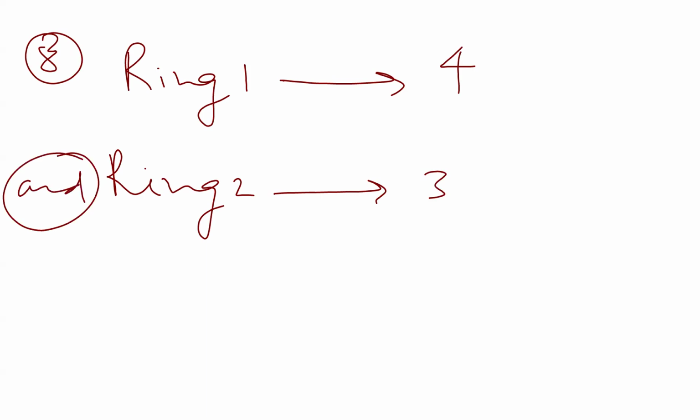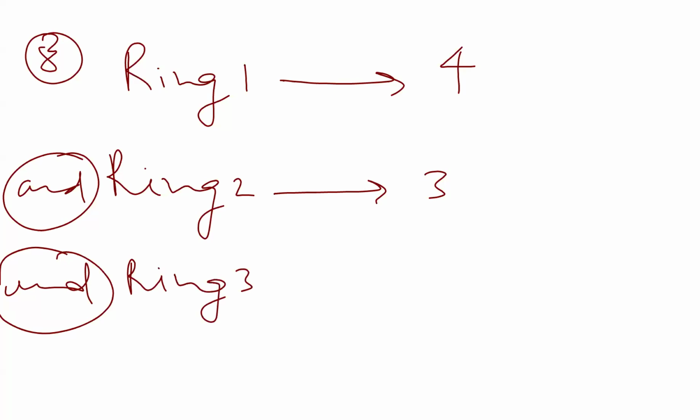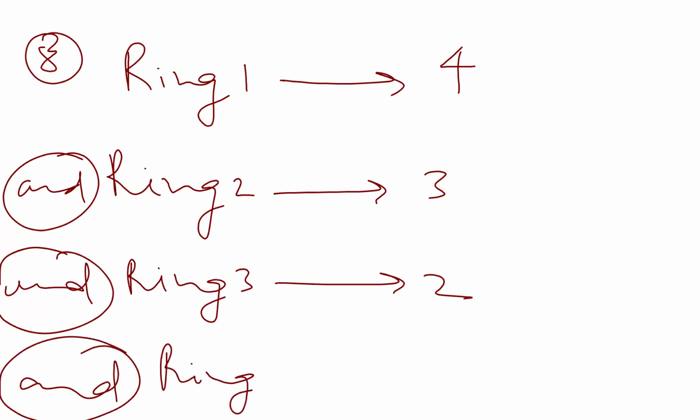Now there are only 3 options. Ring number 3 in 2 ways, and ring number 4 in 1 way. So it is 4, 3, 2, 1. You can multiply this and get the answer.